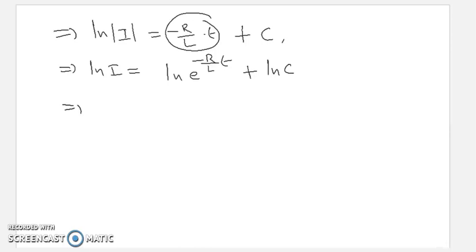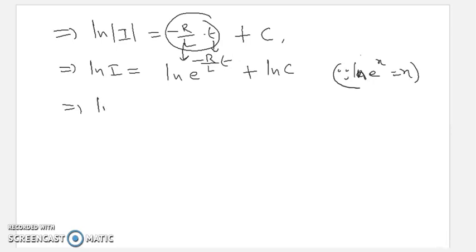Why? Because we are going to write this value into this. Exponentials and logarithms are inverse to each other, so both are cancelled. Then ln e power x is equal to x simply. By using this formula, we can write this value into this.